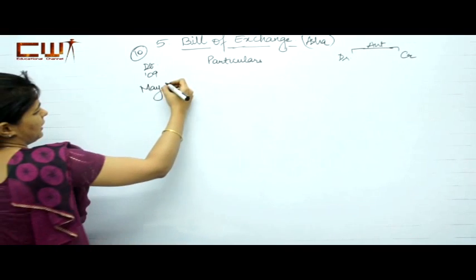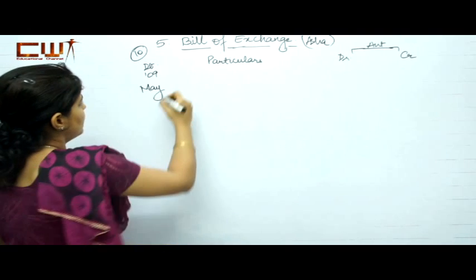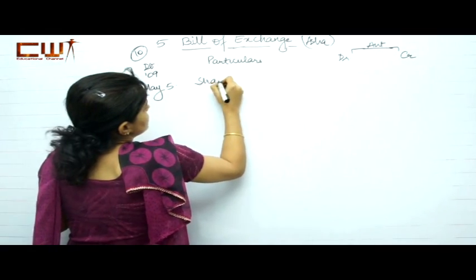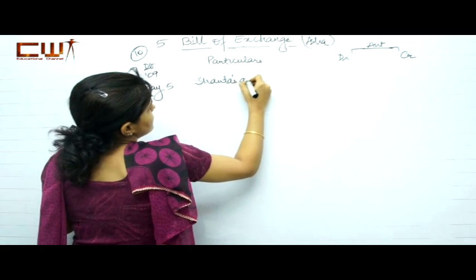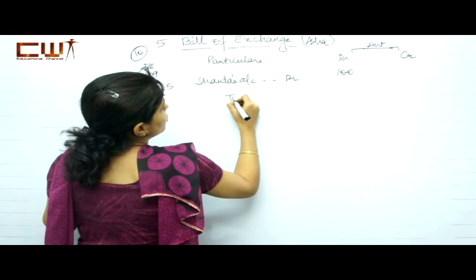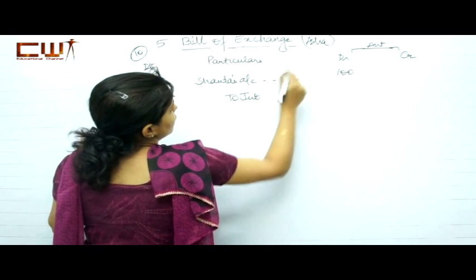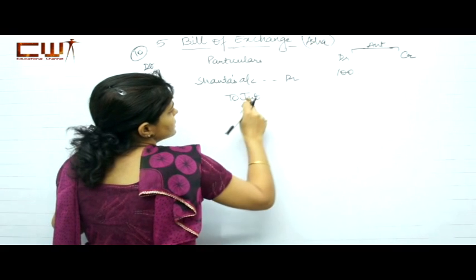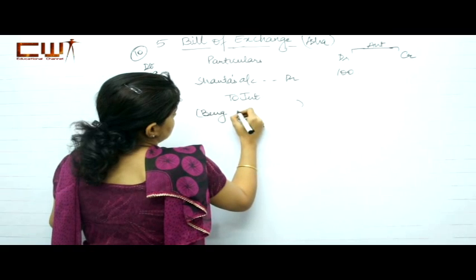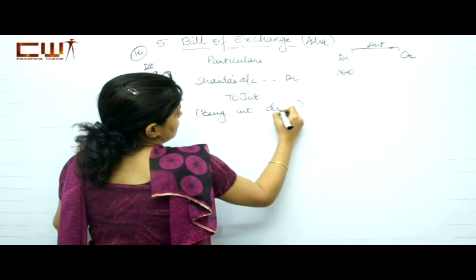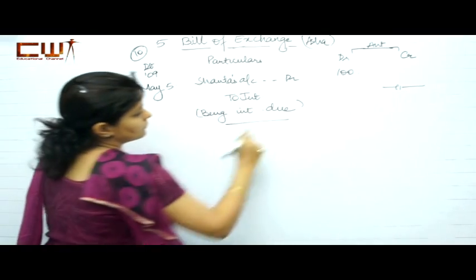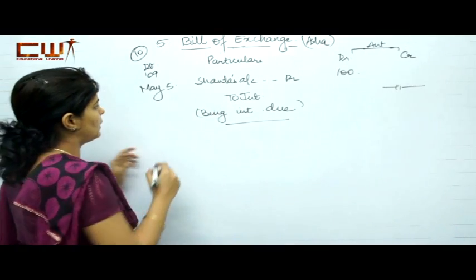You can put any date, May 5th or May 6th. So Shanta's account is debited 100 to interest. Interest is credited because Asha is receiving the interest. Interest is an income for her. Being the interest due for payment.